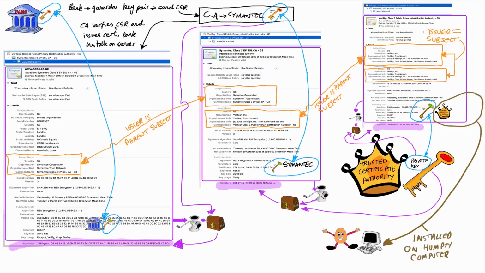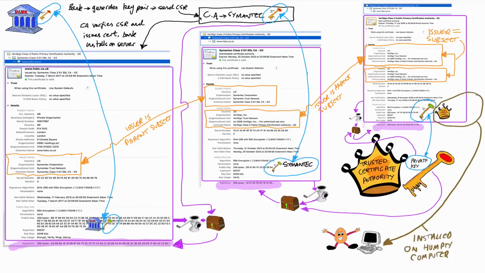Effectively, you take the completed CSR, including the public key, you hash it using the SHA-256 hashing algorithm, and then you encrypt that with the private key that corresponds to the public key that the bank has inserted in the CSR, right? Then they'll append that signature to the end of the CSR.